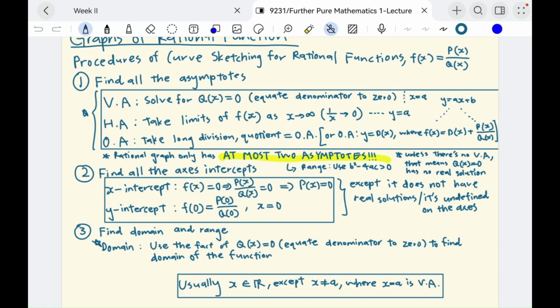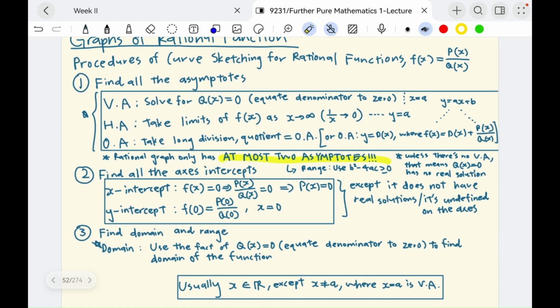Okay, here's my mistake, so it must have an equal sign. So this discriminant has to be used for finding the range of the rational function, or the range of the y.